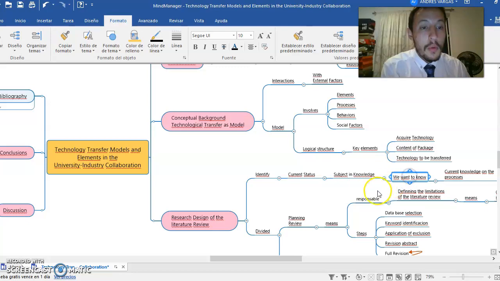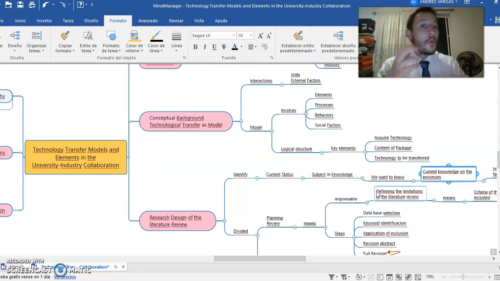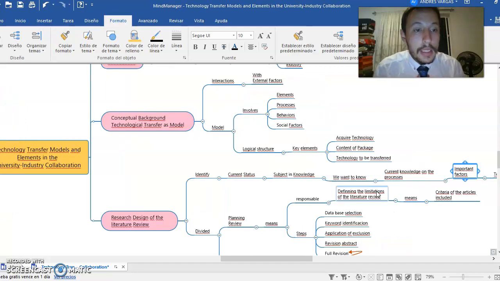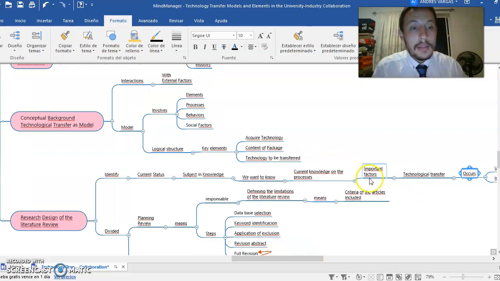We want to know all the current knowledge that we already have and are providing as technology transfer. That's what we want to know. And then we also have different important factors in technology transfers, as we already said: elements, processes, behaviors, and other things.